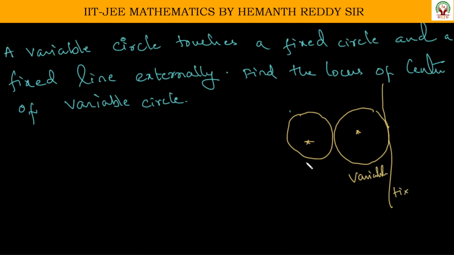Let's say this radius is r1, this is c1, and this is c. I want the locus of this point c. The question is about the locus of point c. This is the fixed line. Let's say the radius of this is smaller.